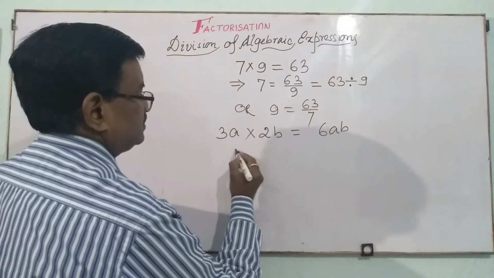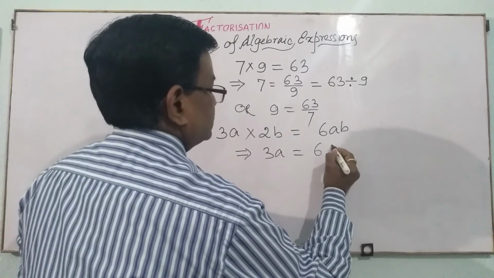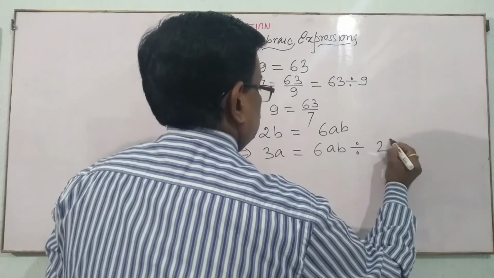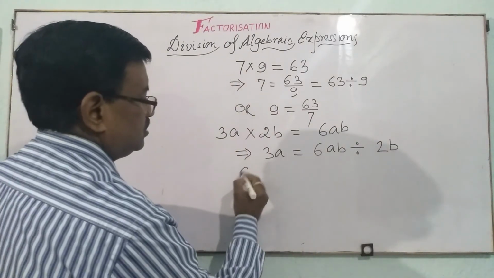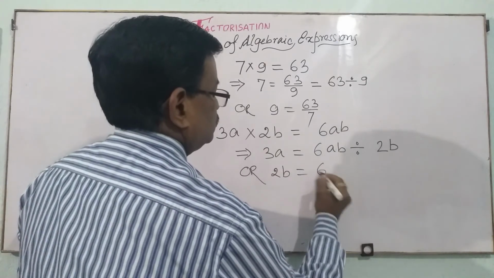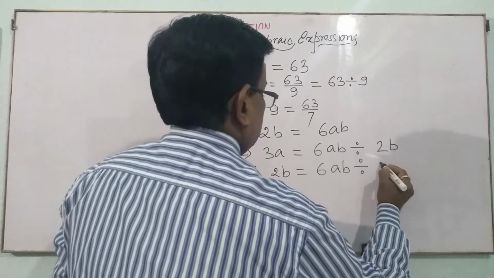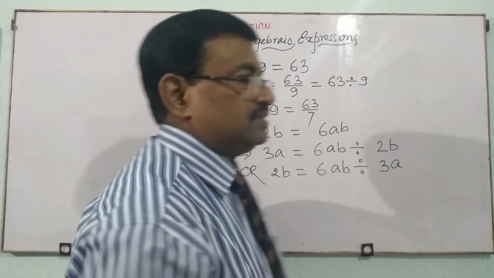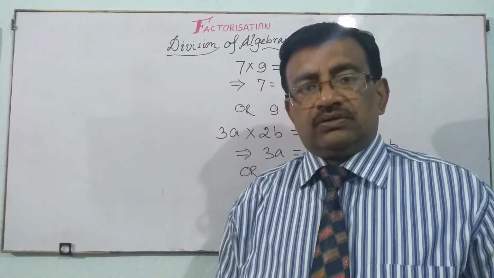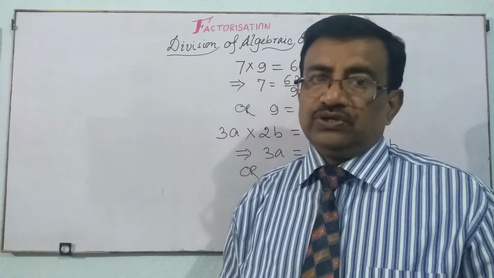In case of division, you can say 3a equals 6ab divided by 2b, or 2b equals 6ab divided by 3a. These are very simple divisions.